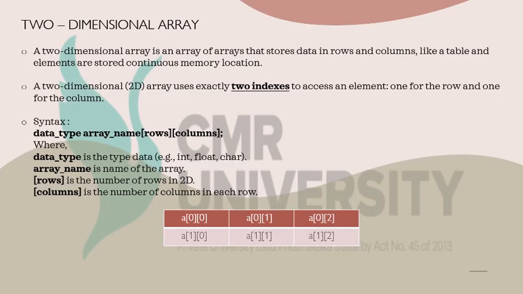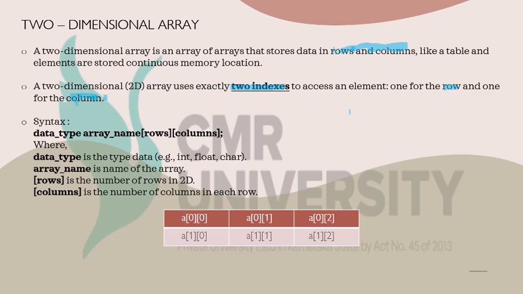Next, the two-dimensional array. A two-dimensional array is an array of arrays that stores data in rows and columns like a table, and elements are stored in continuous memory locations. A two-dimensional array uses exactly two indices to access an element, one for row and one for column.